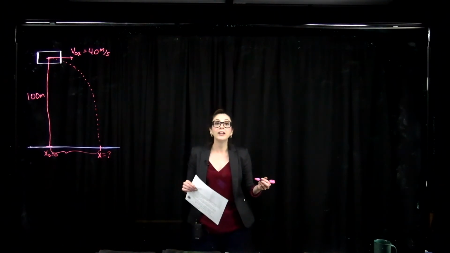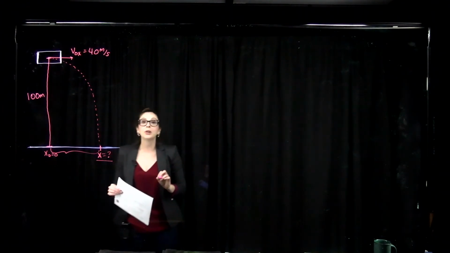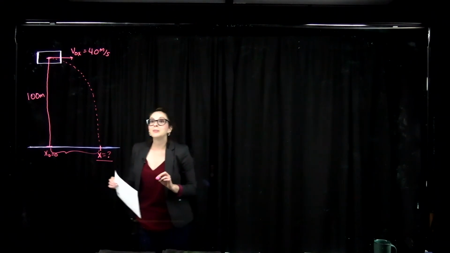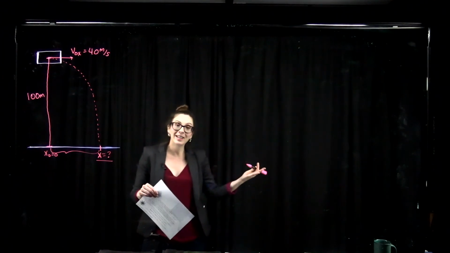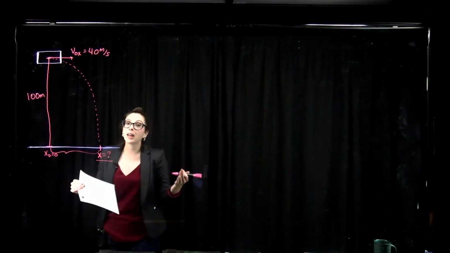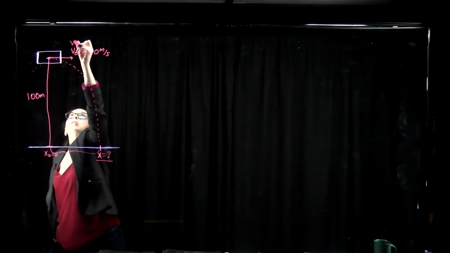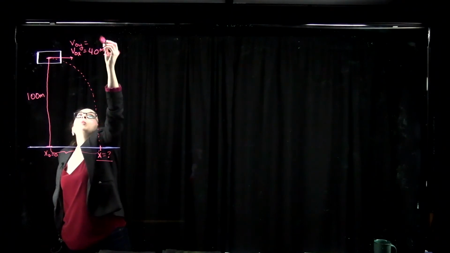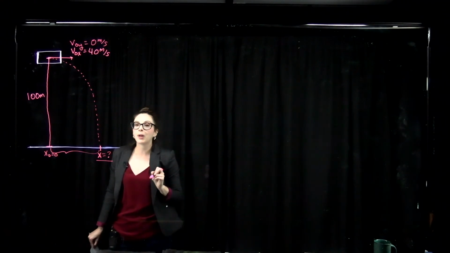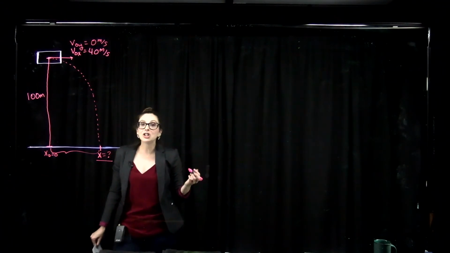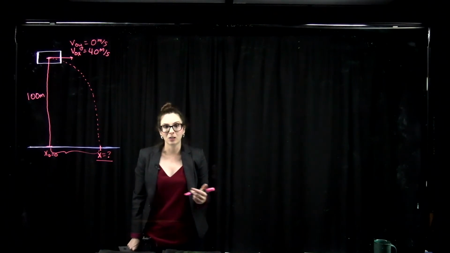Before we go on to solve more for this problem, there's also a few more things we can take care of. Now, our package only has an initial velocity in the x direction. It doesn't have an initial velocity in the y direction, just like our plane doesn't have a velocity in the y direction. So v naught y is going to be 0 meters per second, our initial y velocity. And again, I can choose y equals 0, x equals 0, wherever I want. You choose something that makes sense for your problem.